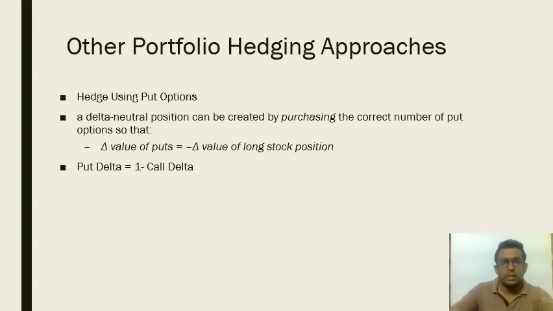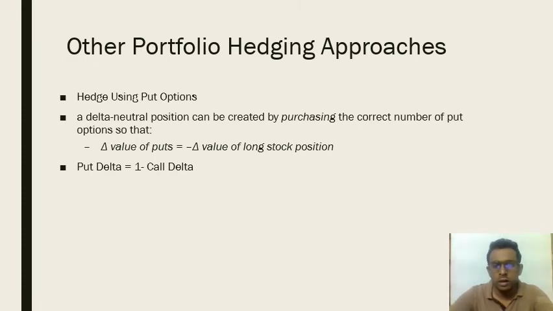One other strategy for hedging a stock portfolio is using put options rather than using call options. For a delta neutral position to be created, the value of puts is equal to minus the delta value of the long stock position. It is pretty simple.